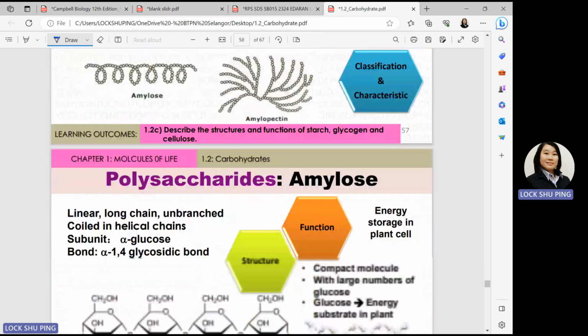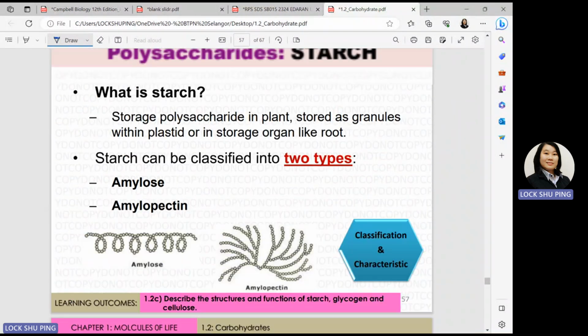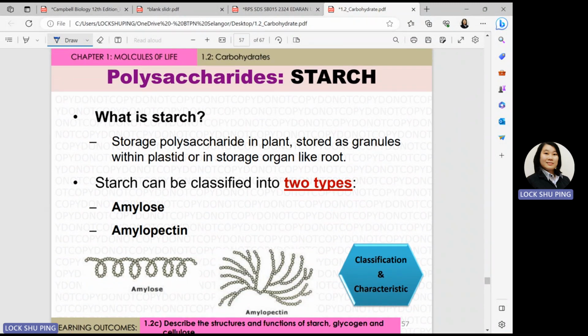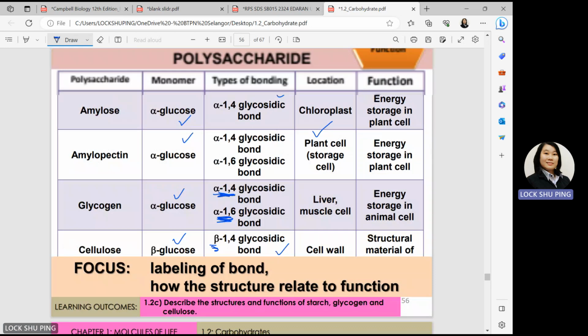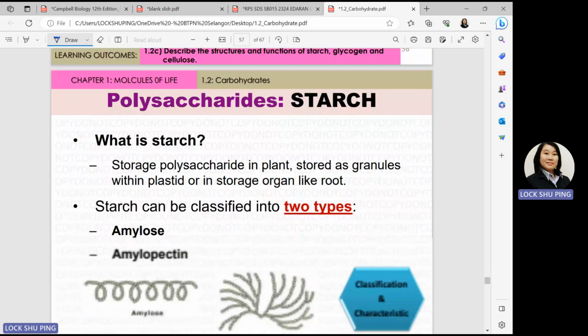Now let us go through the structures and how the structure relates to the function of the polysaccharides. Before this, make sure you have this table with you when you do your revisions regarding polysaccharides.